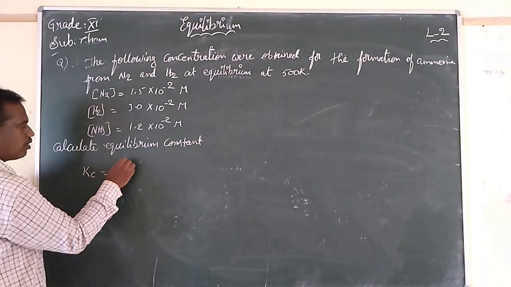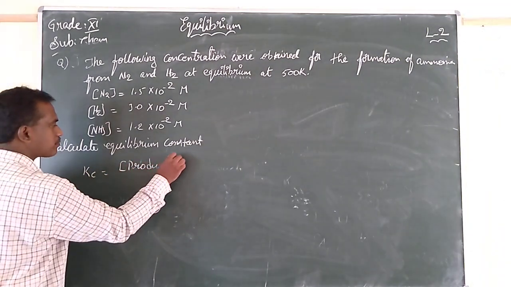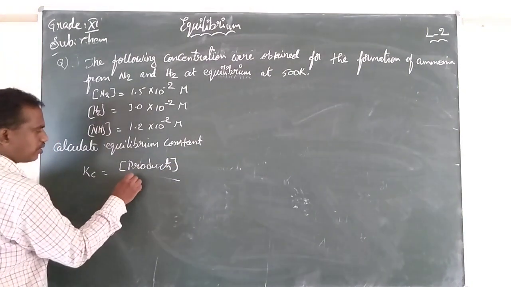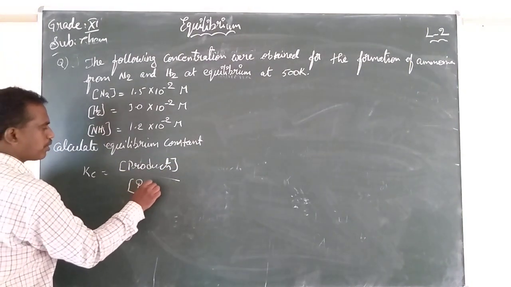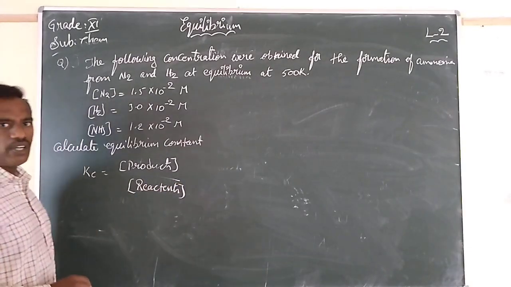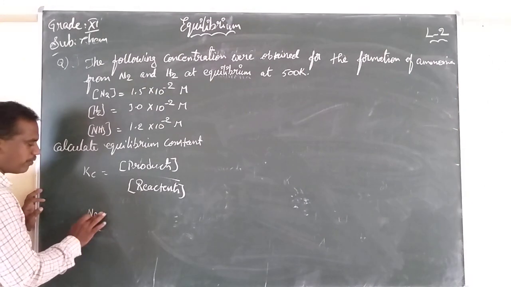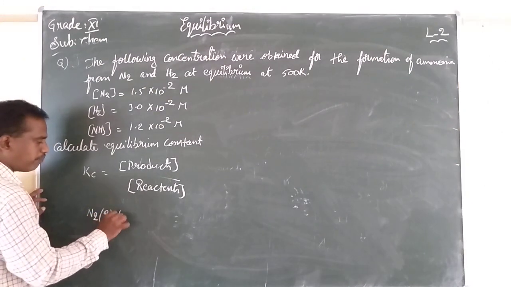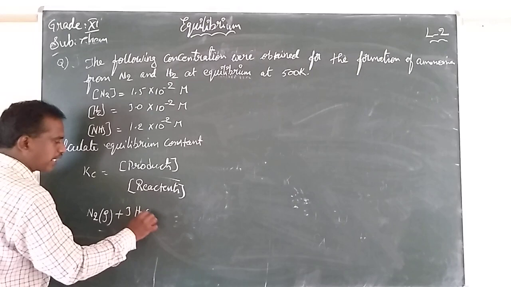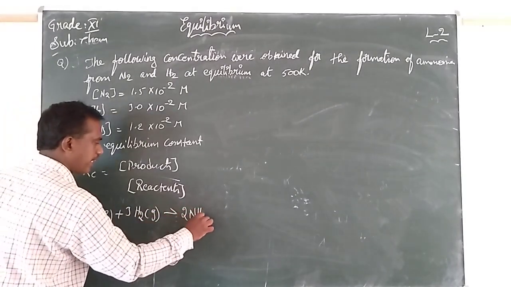What is the formula to calculate equilibrium constant, children? Equilibrium constant is equal to concentration of the products upon concentration of the reactants. But first we want to generalize the equation for this reaction. What is the generalized equation that we know? Nitrogen gas combines with 3 moles of hydrogen gas to give 2 moles of ammonia gas.